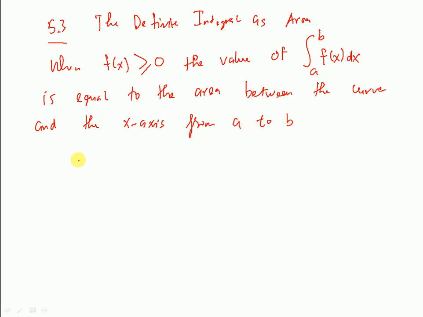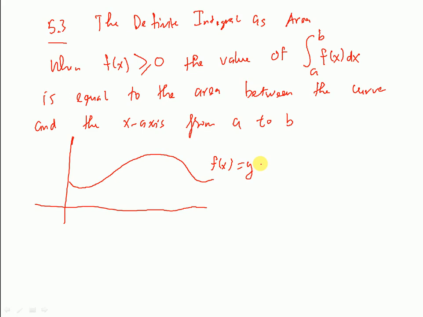So let's take a look at this graph and see what this means. So I have the graph here. This is f of x, right? And let's say we have 1, and then it goes up to 7.